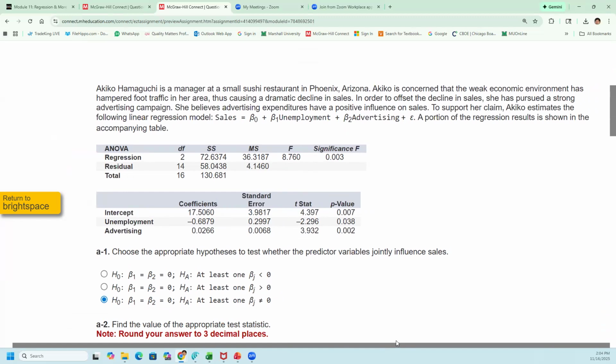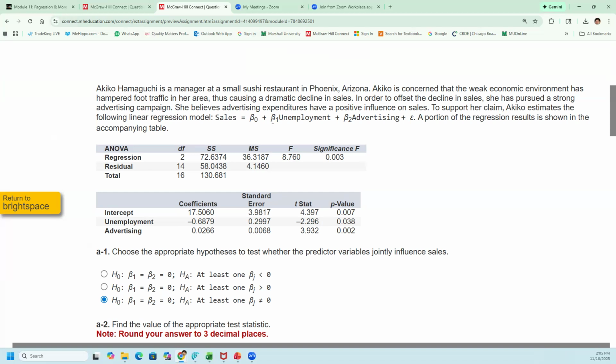We have done this in one of the problems earlier, as to how to make the hypothesis. In this case, a small sushi restaurant is concerned that a weak economic environment has hampered the foot traffic. So they want to advertise strongly, and they believe that advertising expenditure will have a positive influence on the sales. They have used the following regression equation.